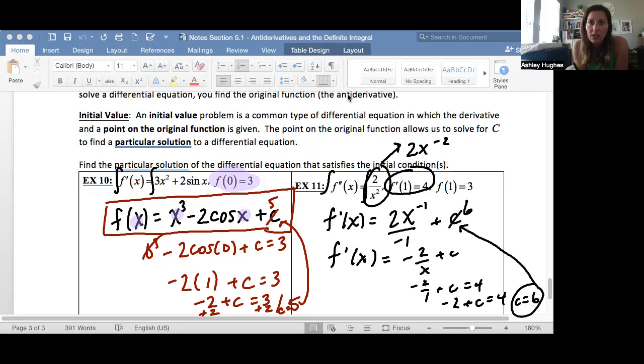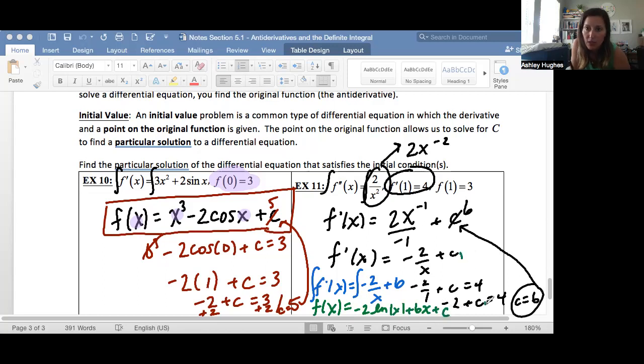Okay, so let me change my color so we can see what I'm doing. So f prime of x is equal to negative 2 over x plus 6. Then I need to integrate this again, and then I'll get f of x. F of x equals, when you have that over x, that's natural log. 6 is going to become 6x plus another c.